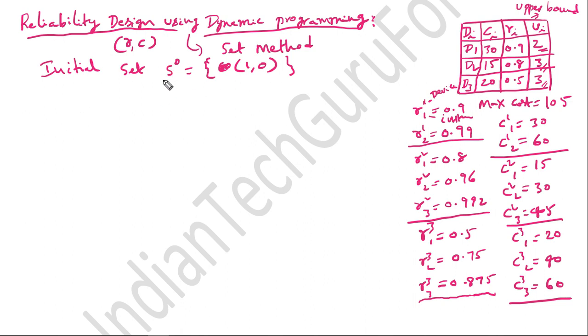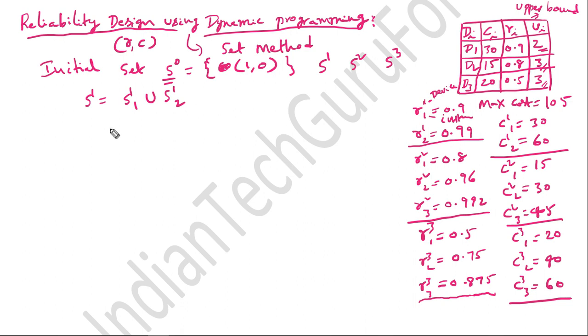Now based on the S power 0 value, we need to calculate S power 1, S power 2, and S power 3. So the S power 1 value will be S power 1 suffix 1 union S power 1 suffix 2.